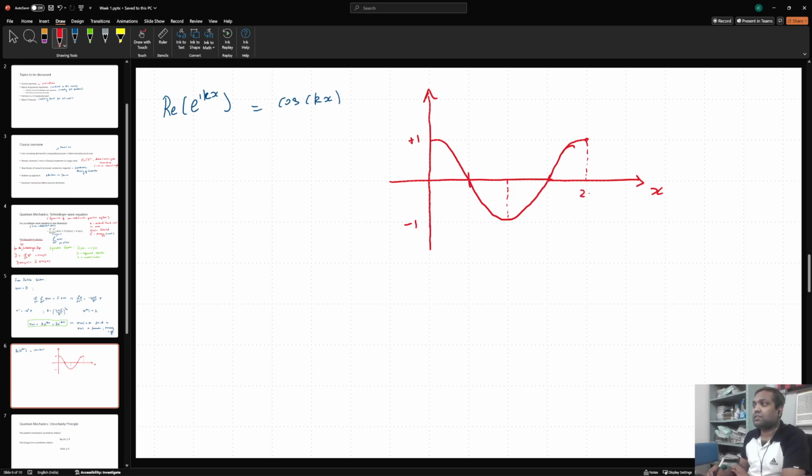So here x is going to be 2 pi by k, which would make this the midpoint pi by k, and this is going to be pi by 2k. From this we can see that the full period is 2 pi by k, which implies the wavelength lambda is equal to 2 pi by k.